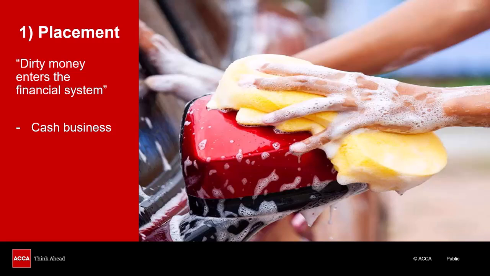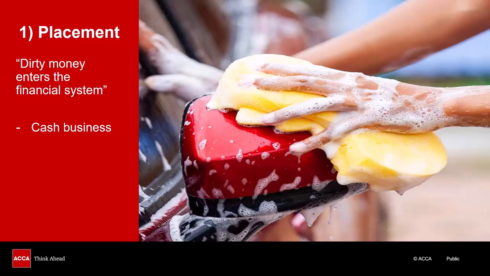So we take out $1,000 a day that we make from actually washing cars. But what we do to place our dirty money in alongside it is that when we pay in the day's takings, we don't pay in $1,000. We pay in $1,500. And the $500 extra is the dirty money that we are drip feeding into the system.